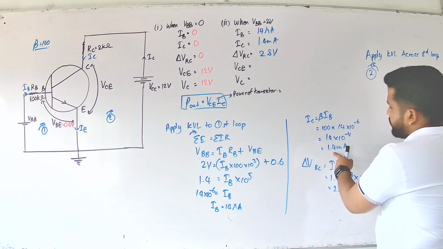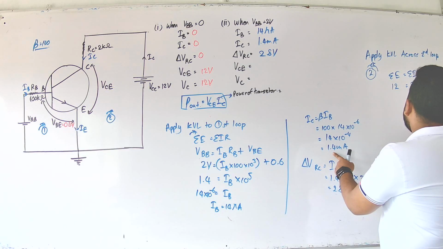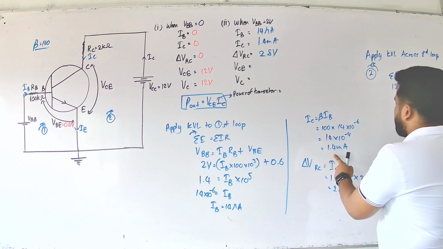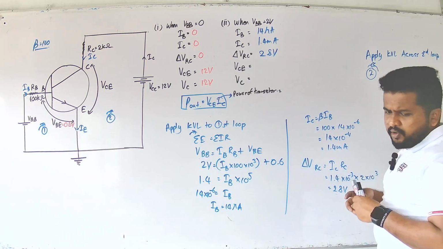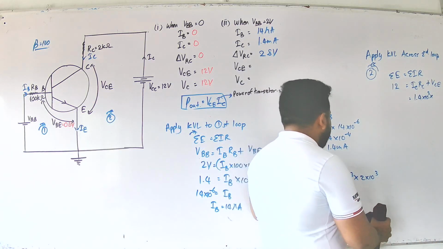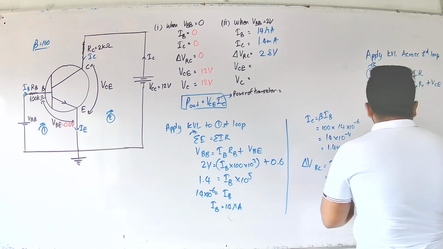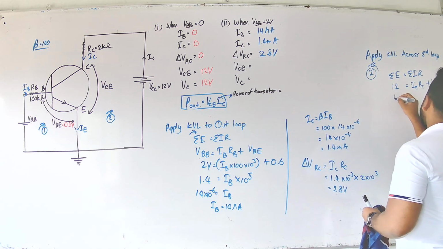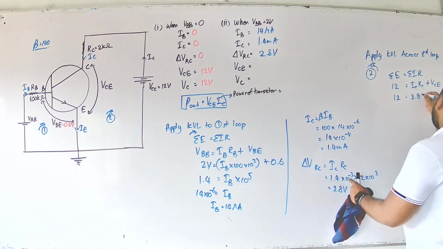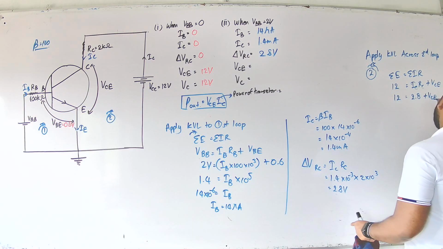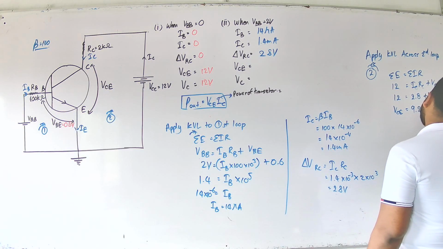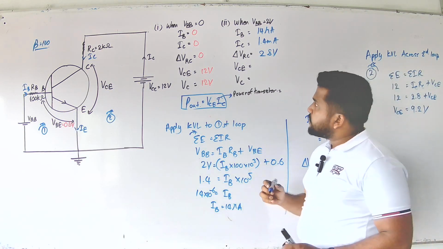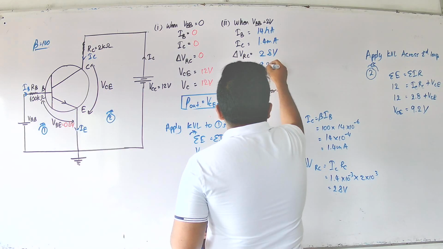ICRC is 1.4 × 10^-3 times RC, 2 kilo ohm, which we already found as 2.8. So 12 equals 2.8 plus VCE, therefore VCE equals 9.2.